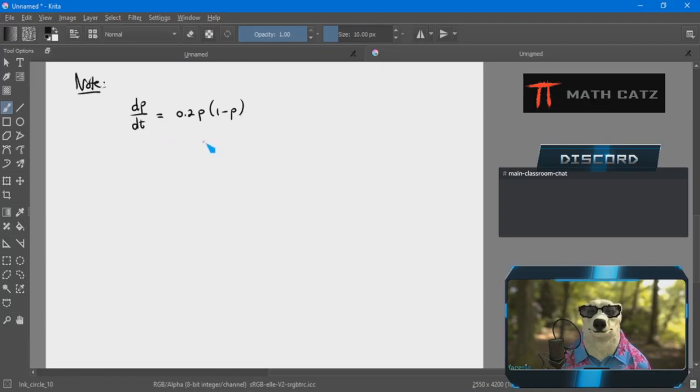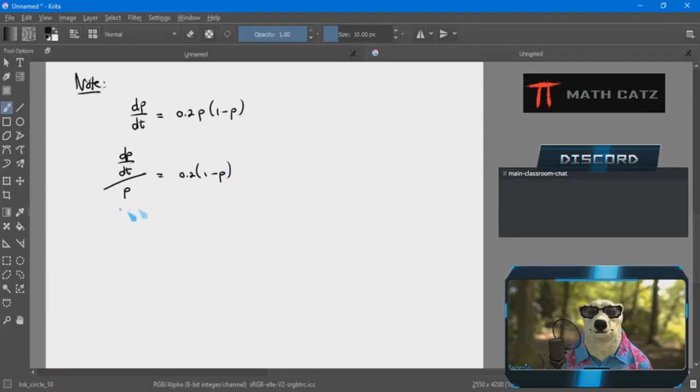Now forget that it's a percentage. Think of it as individuals. The growth rate of the number of individuals is proportional to the number of individuals, and then this difference as well. If I divide both sides by p, then I get 0.2 times 1 minus p on the right, of course.